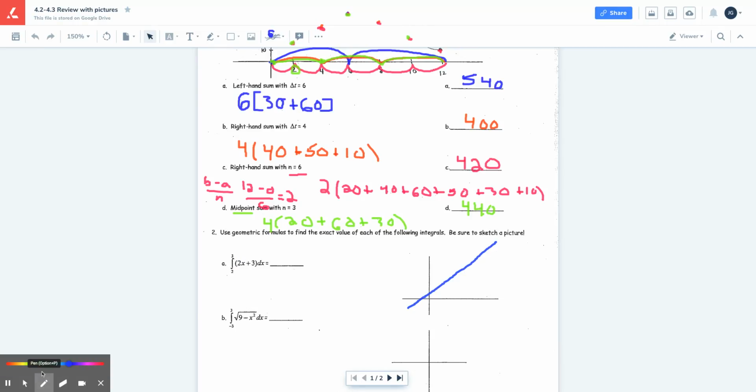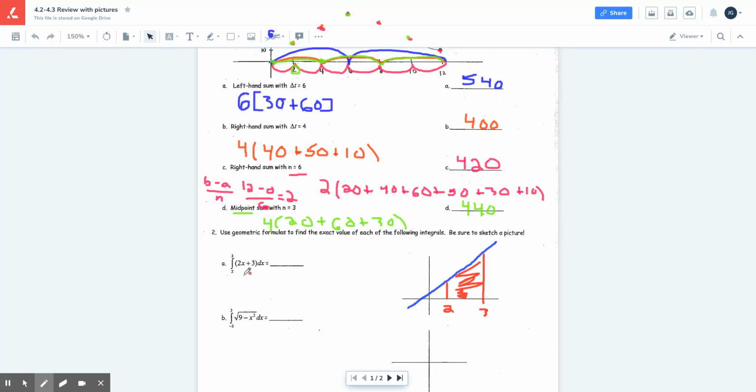So we're trying to find the area under the curve from 2, if that's x equals 2, and we'll just put 3 over here. So what we're trying to find is all this area in here. And what shape does that form? That forms a trapezoid.